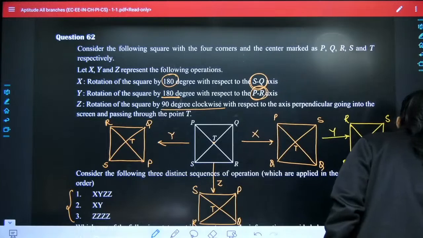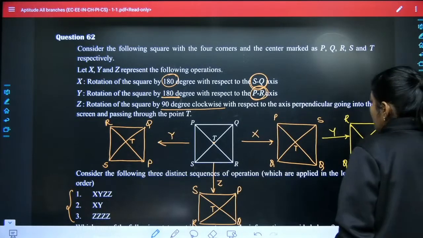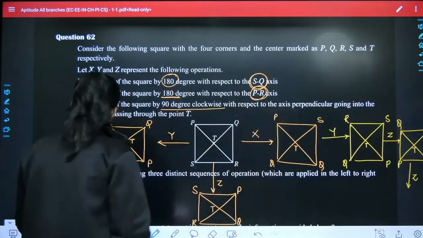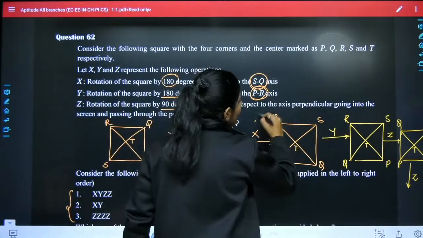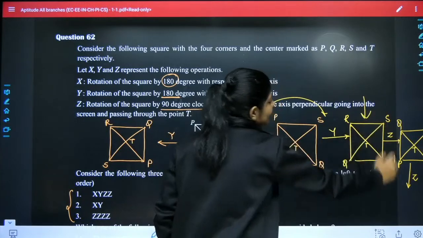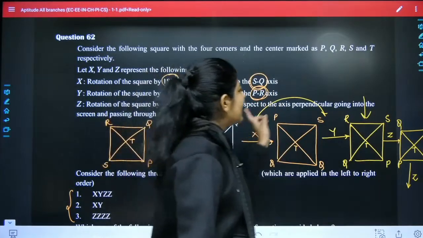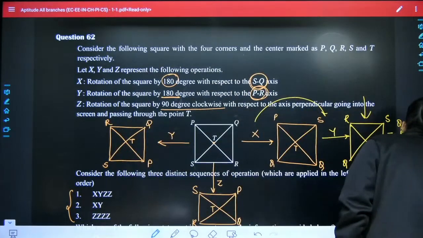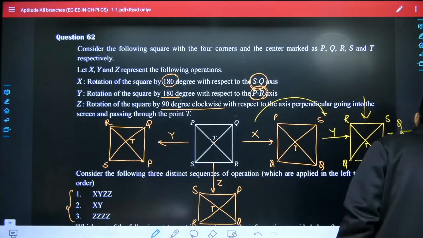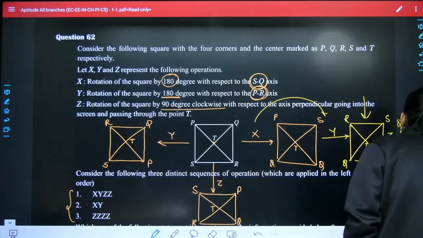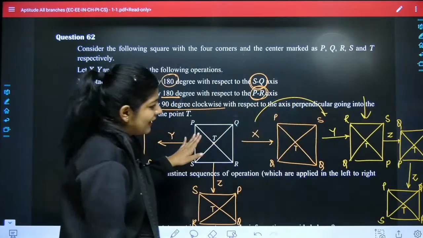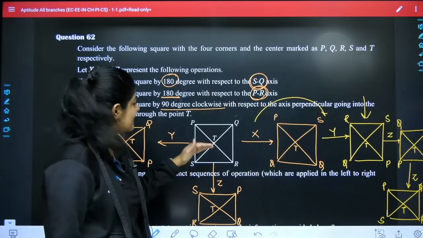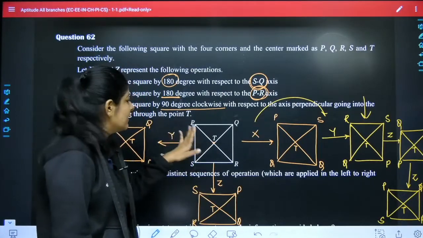Now one more time Z. So here we can skip one operation, that is XY. After applying XY, we get this image, right? Now after applying the very first operation, we will get our square as SPQR, right? That is exactly similar to the given diagram.